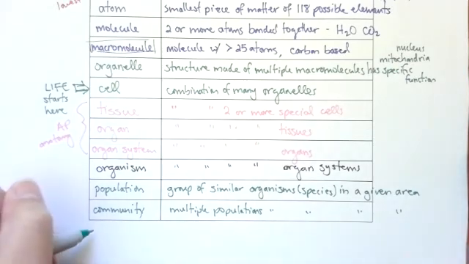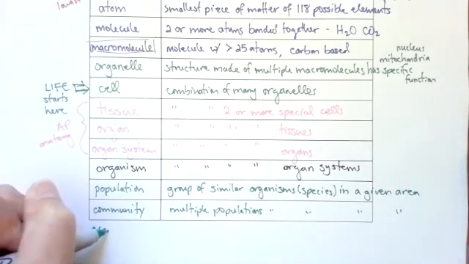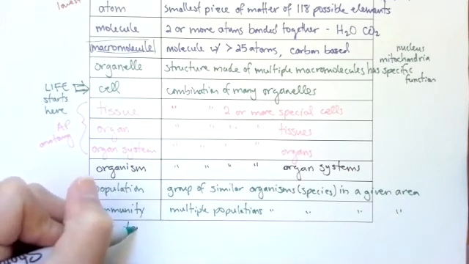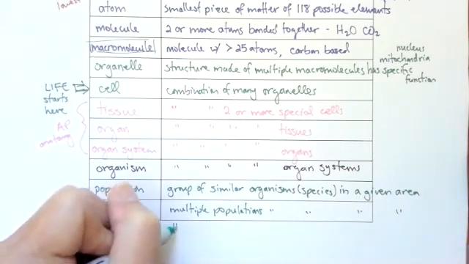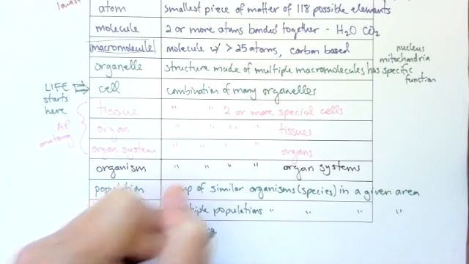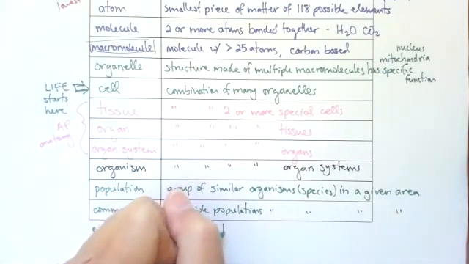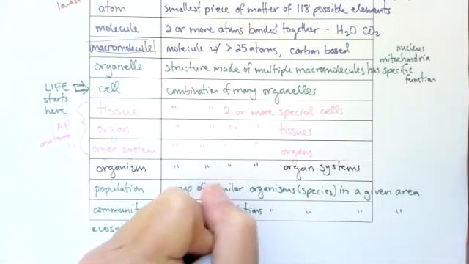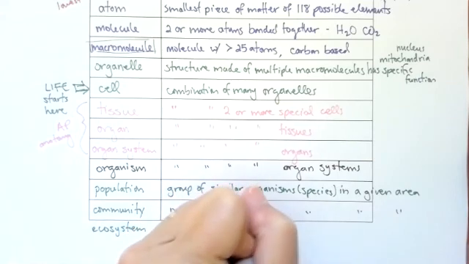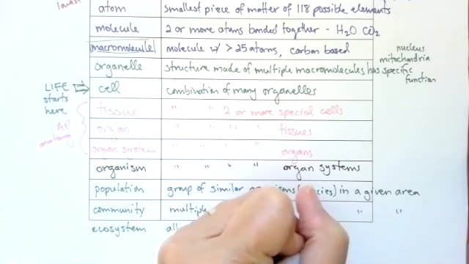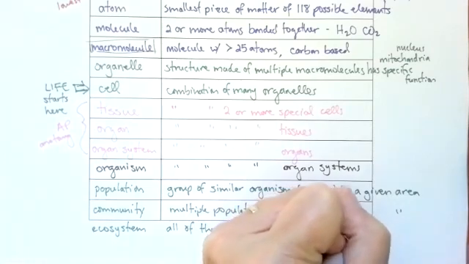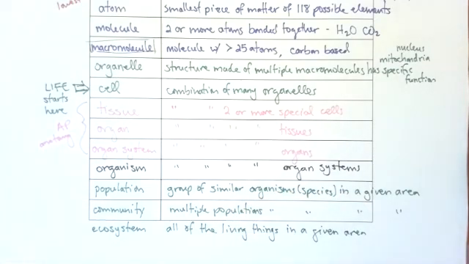And then finally, we'd have an ecosystem. And that's all of the living things in a given area. So if we put everything together, I have an ecosystem that's a forest.